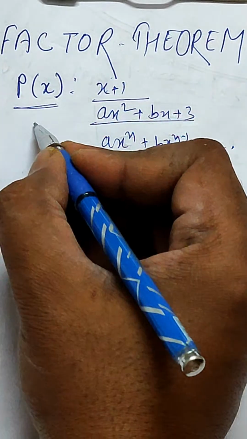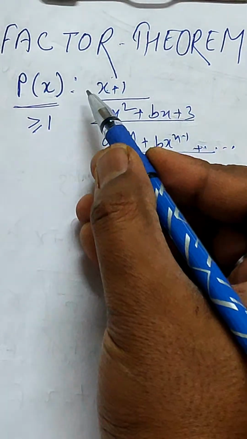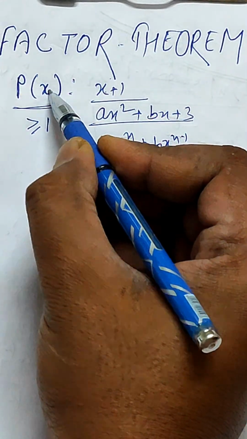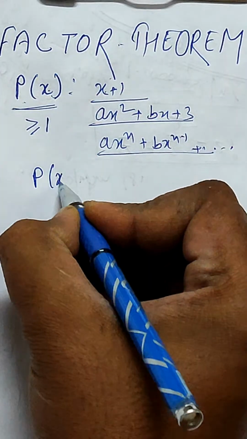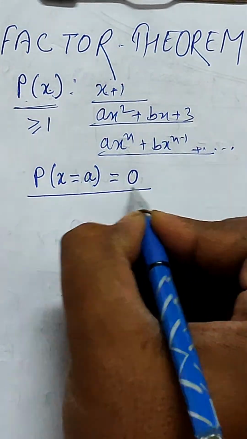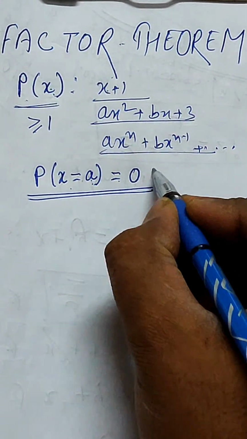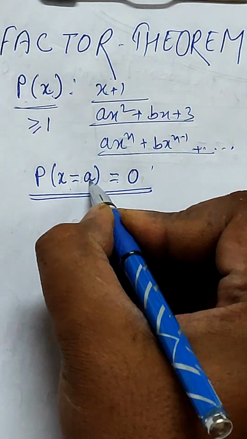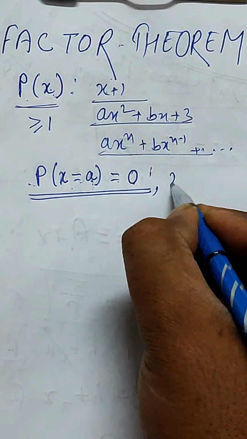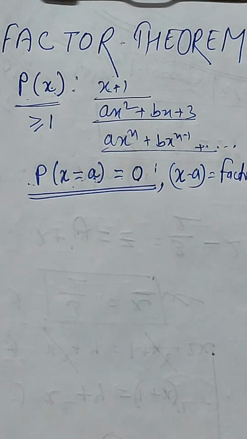So if the degree of the polynomial is greater than or equal to 1, then in that case, for any real number a, when we put the value x equal to a in p of x and it becomes equal to 0, then x minus a is a factor of the given polynomial.